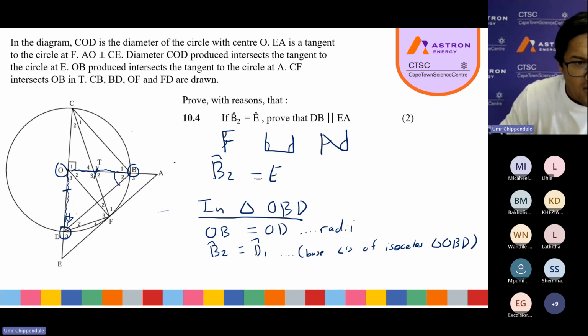Okay, and that is this entire triangle that we're speaking about here. And they're saying that B2 is equal to E, which is this part over here. All right. So because we just said that B2 is equal to D1, that would also mean that D1 is equal to E, because that's what they told us here.